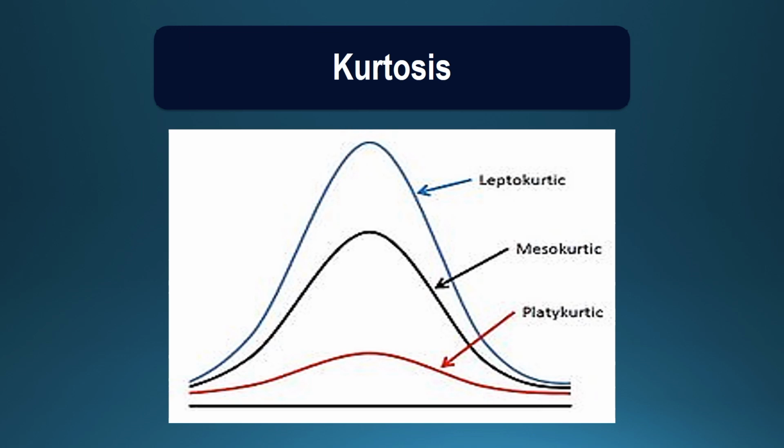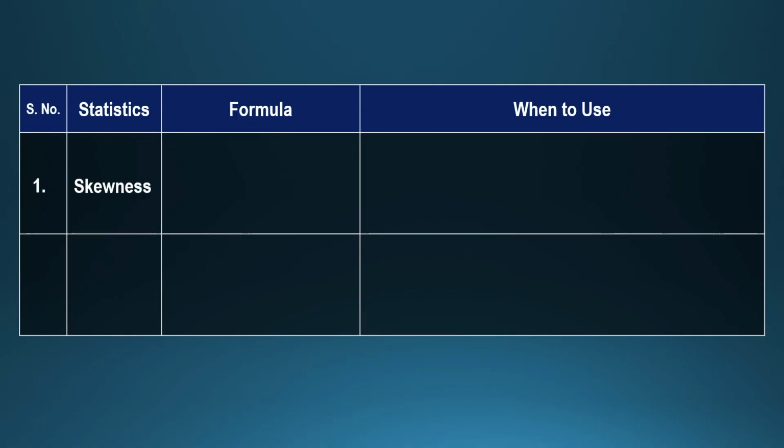In normal distribution, it is referred to as mesokurtic, and if the peakedness is higher than the normal distribution, then it is referred to as leptokurtic, and if the distribution of scores is flatter than the normal distribution, it is referred to as platykurtic.